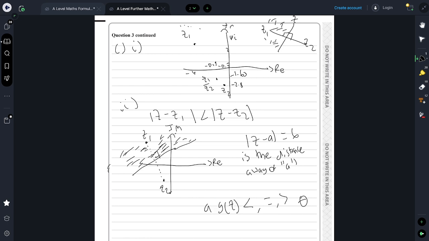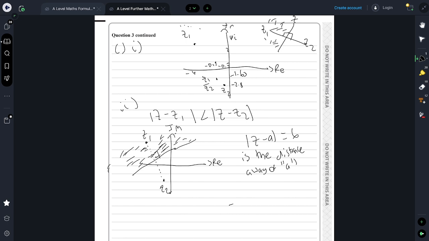You would have z minus a less than or equal to a number k, which would be a circle, or z minus a is less than z minus another number b. So that would be the perpendicular bisector. So you need to be aware of half lines, circles, and perpendicular bisectors. In this case, it's a perpendicular bisector because you're looking at the distance between 2 points and you see which is closer.